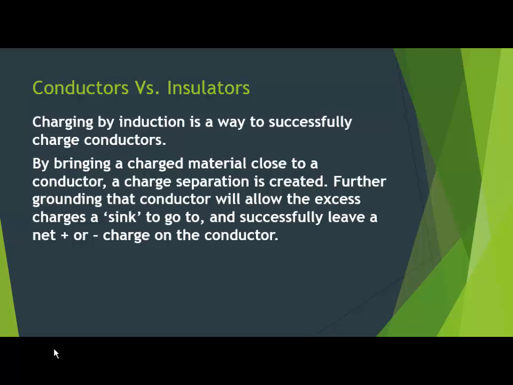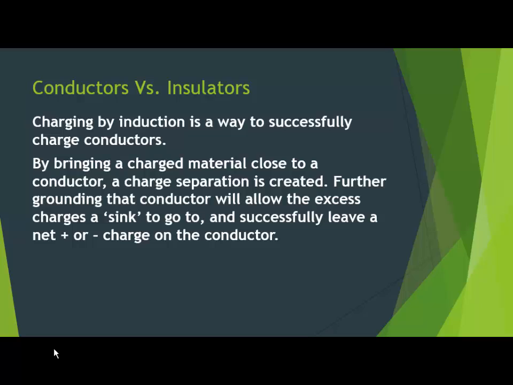So conductors have to be charged through a way called induction. And what we're going to do when we charge a conductor, if we want to give a piece of metal an overall charge, we're going to induce that charge on it, hence the name induction. So we bring a charged material close to a conductor. We don't actually touch it to the conductor. We just bring it pretty close to it. And then that creates what's called a charge separation, which I'll show you guys on the next slide, a picture.